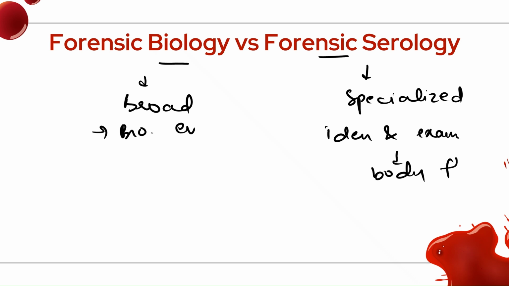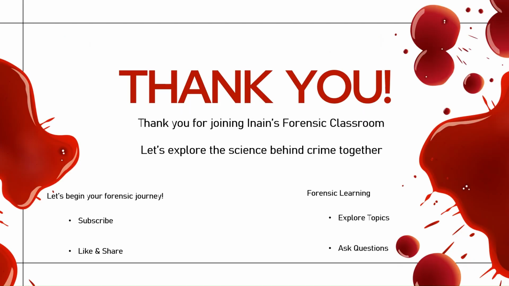We will understand this distinction much more clearly in our next lecture. In the next video, we will begin our discussion on forensic serology. We'll understand what forensic serology is, how it differs from forensic biology, and why body fluid identification is often the first step before DNA analysis.